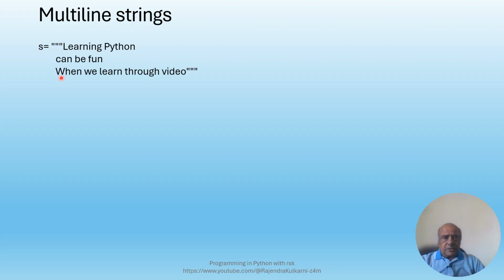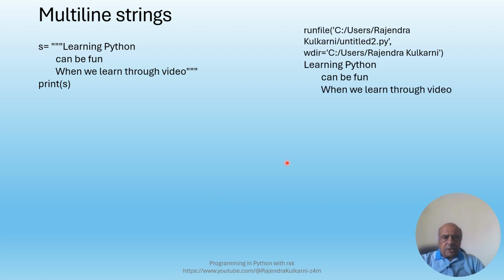To achieve that, there is only one way in Python, that is enclosing the string in 3 double quotes. When we print the value contained in S, we can see the 3 lines which we entered appear as they are, as we have assigned.